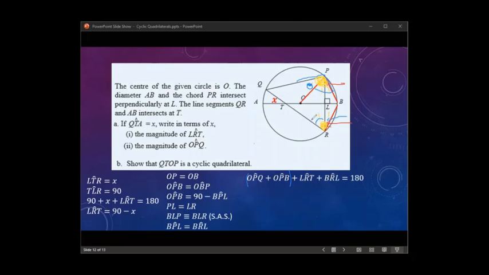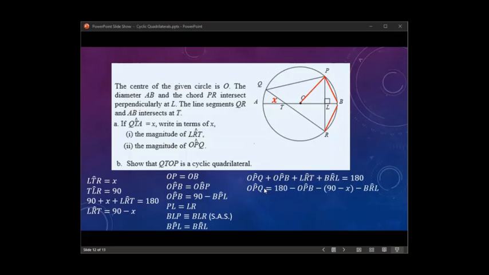Those two make this full interior angle. So this sum of two interior angles must be supplementary. It should equal 180 because BPQR is a cyclic quadrilateral. So that part is also okay.